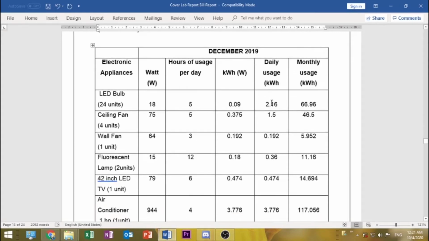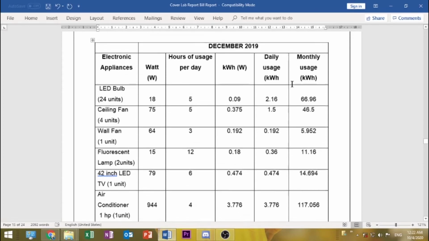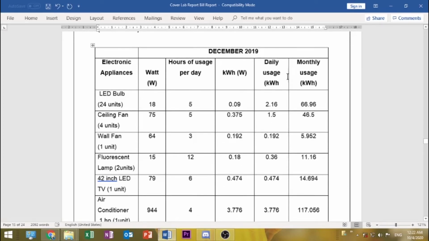For the daily usage, I took the kilowatt hours and times it with the number of units I had in the house. For the LED bulb, for instance, I got 0.09 times 24, and I got 2.16 for the daily usage of LED bulbs in my household. For the monthly usage, I took the 2.16 and times it with the number of days.